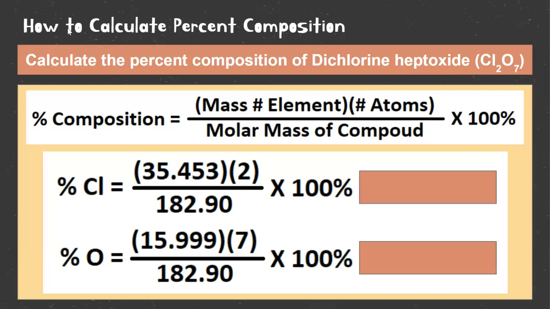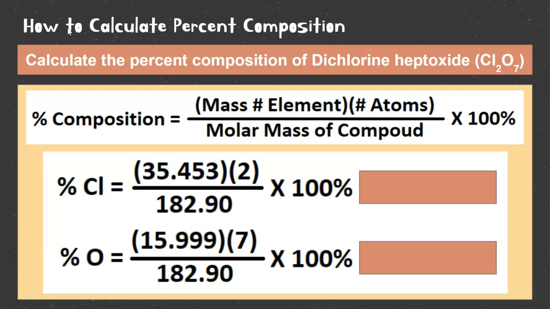For example, if we try to find the percent composition of Cl and O in Cl2O7, to find the percent of Cl, we take the mass number for Cl, which is 35.453, and again, we find that on the periodic table, times 2, because there are 2 Cls, divided by the molar mass of the entire compound, which I showed you on the previous slide how to calculate, but the molar mass for this compound is 182.90.